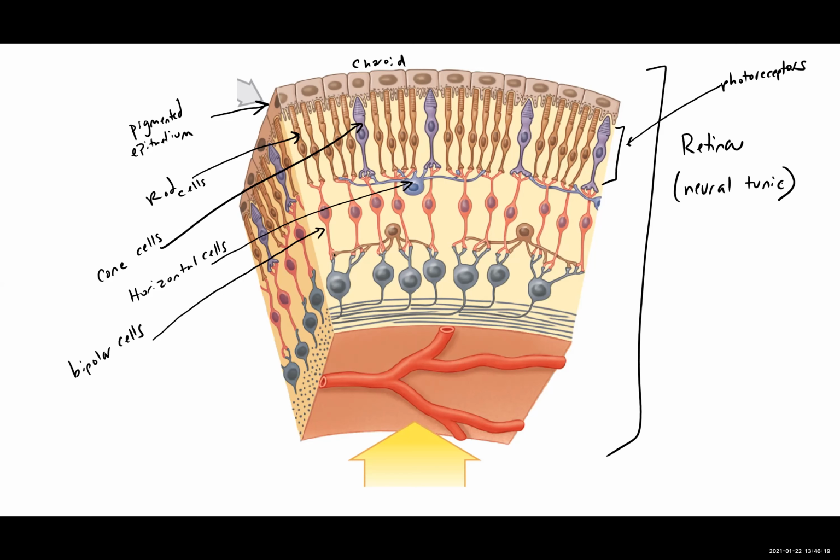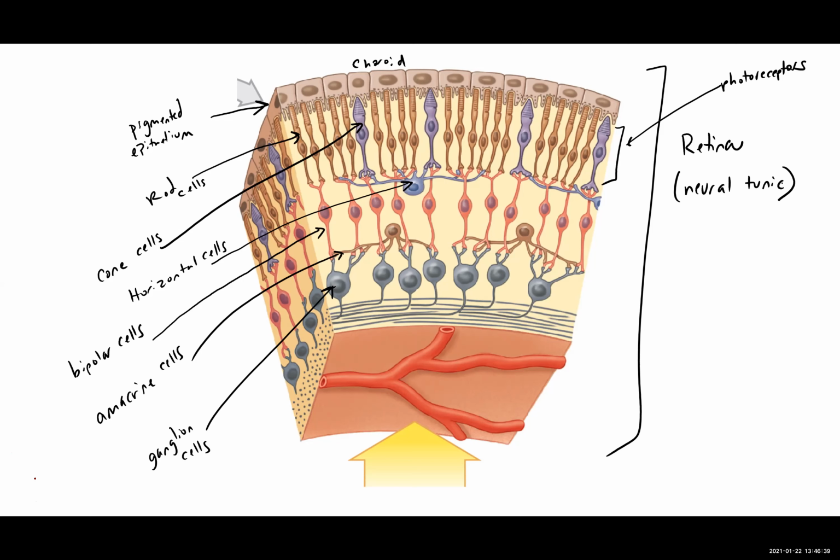And then we have another like octopus here, and this one is called the amacrine. And that's in between the bipolar and what's called the ganglion cells.